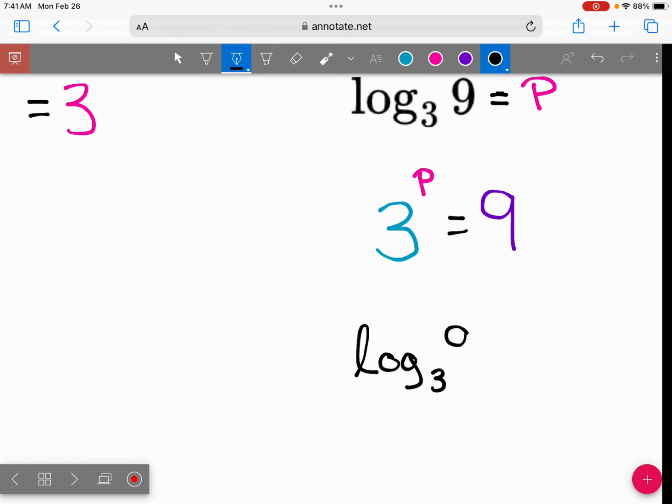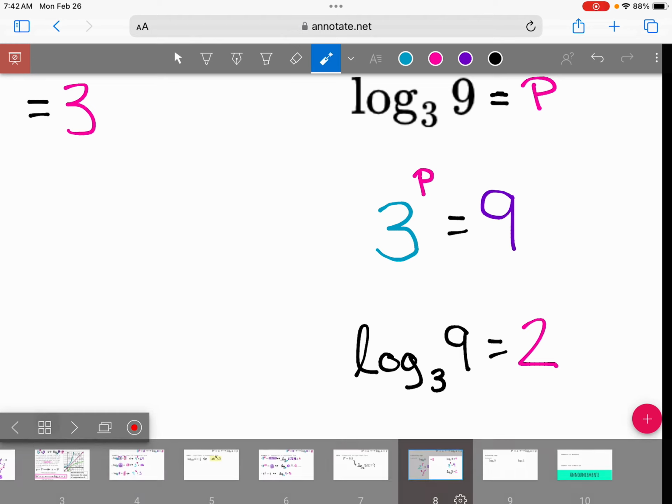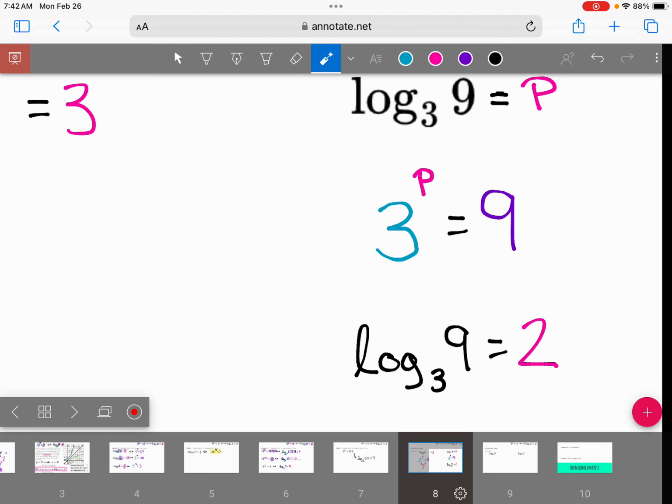So log base 3 of 9 equals 2, because it's 3 squared that gives us 9. So we can find these pieces. These are the first kinds of evaluation of these logs that we're going to do. We are going to do 2 more.